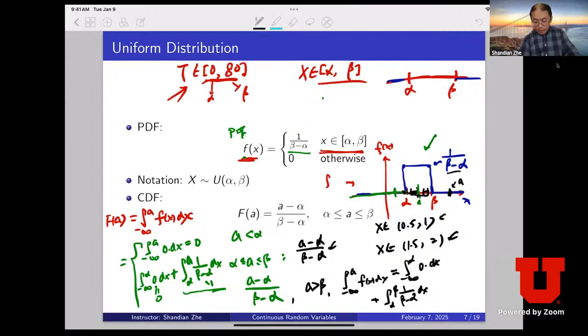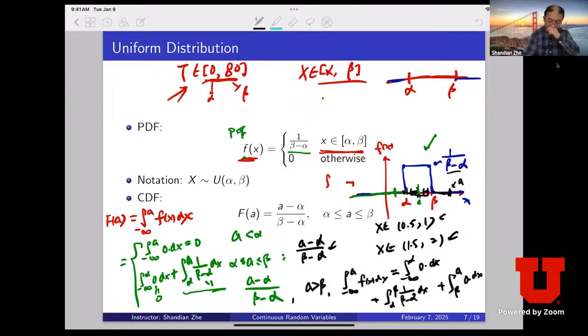And the third range is from beta to a. The third integration is from beta to a, and in this range we know the PDF, the lowercase f, is 0 as well, right? Does this make sense?